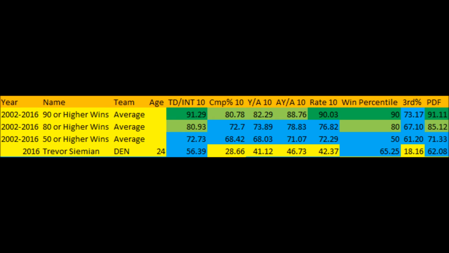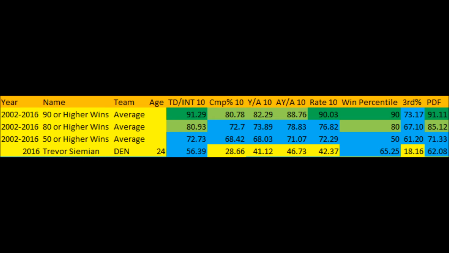And the only things that he really performed kind of well in, again, is team-specific things like win percentile and point differential, which are more team-related things than actual quarterback-related things. So his statistics from college and high school don't really look that good, and his statistics at the NFL level are not giving off good vibes either.